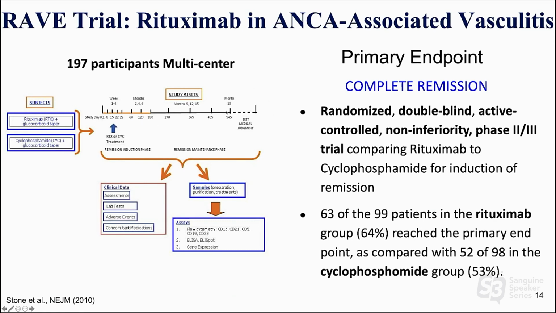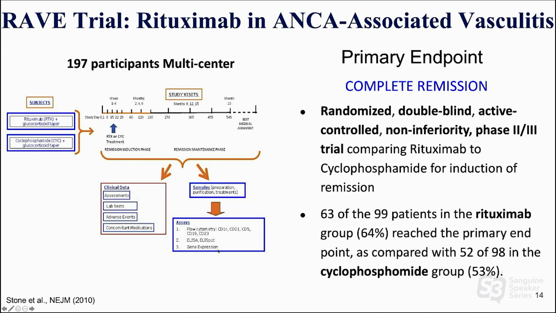They were followed up to 18 months, and there is study data collected from both treatment groups. There was a remission induction phase and a remission maintenance phase. The types of data collected on the clinical side were assessments, lab tests, adverse events, and concomitant medications. On the mechanistic side, they ran flow cytometry panels, ELISA, and gene expression data.